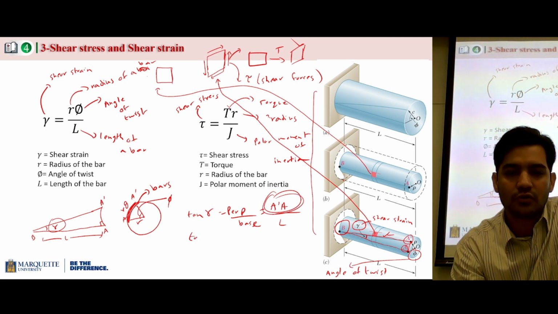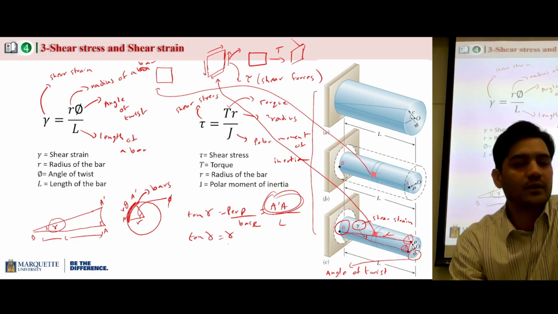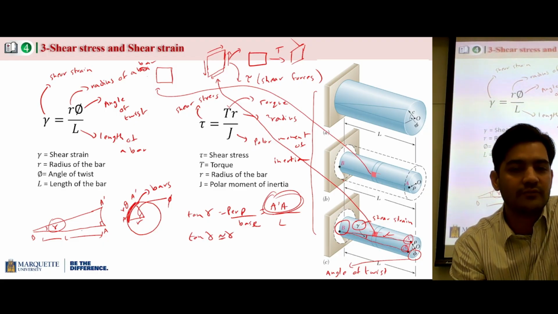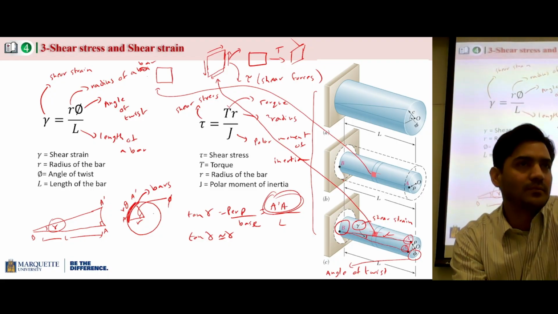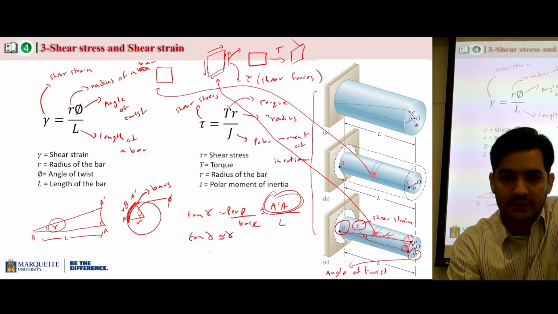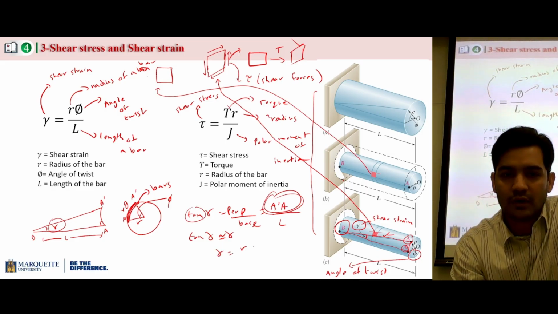We also know tan theta is approximately equal to theta if the angle is really, really small. So by using this, we can just replace this with this, and theta would be equal to r theta by L, which is this equation.